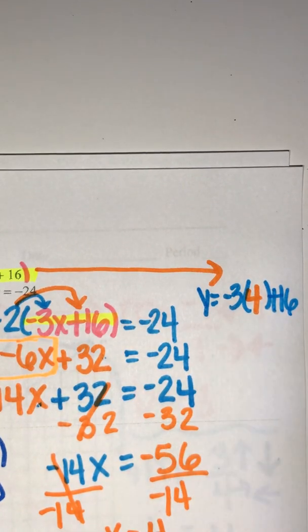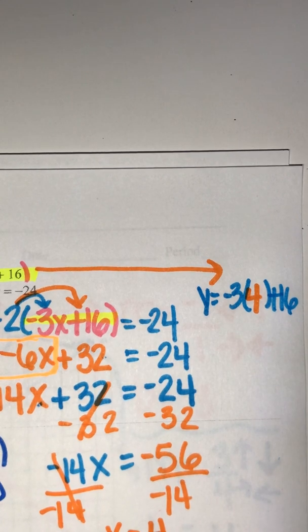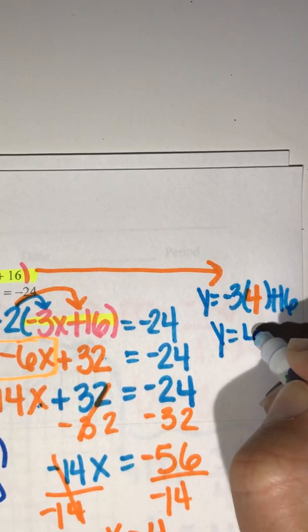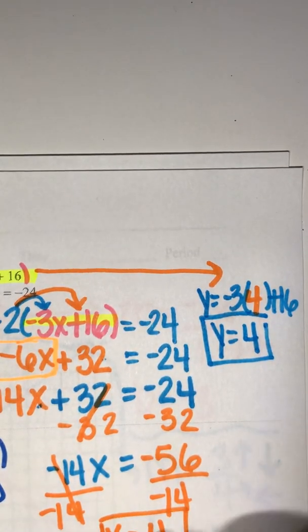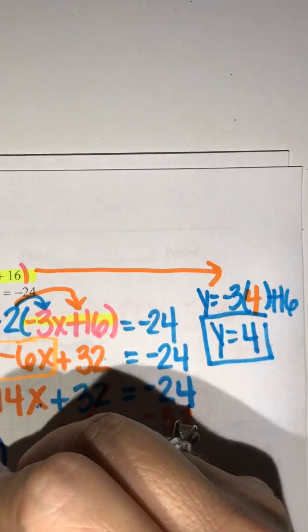So if you type this in directly as you see it, it's negative 3 times 4 plus 16. That gives you 4. So that's my other important piece of information. y is 4.